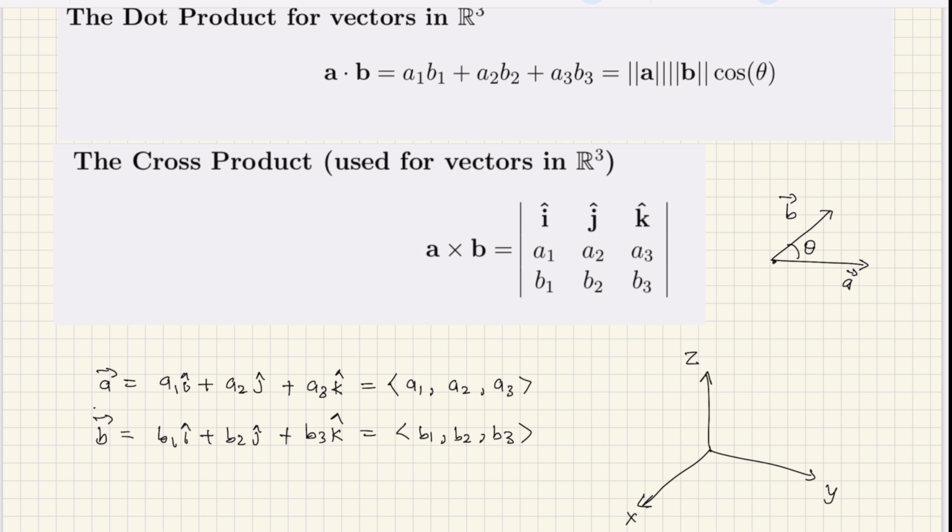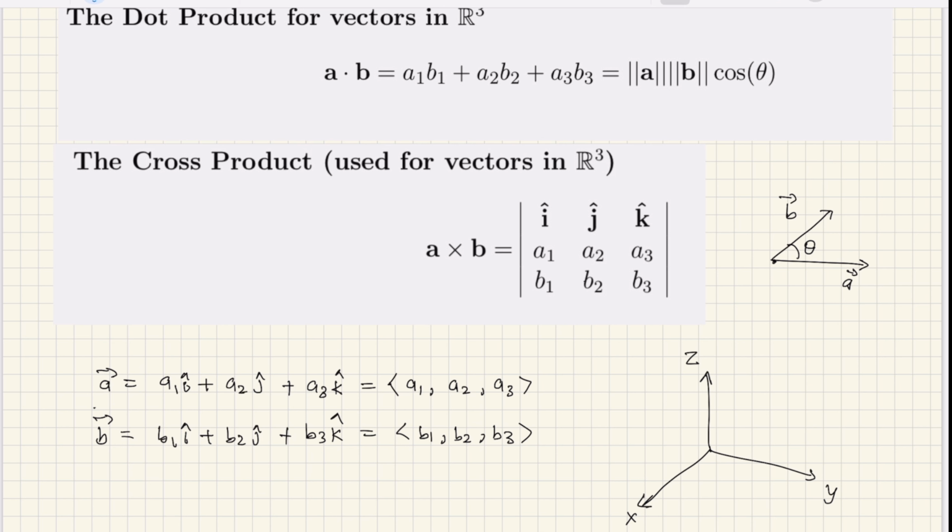There are a couple of ways we can calculate the dot product. The first way is to multiply a1 and b1, then add a2 times b2, then add a3 times b3. Or you could take the magnitude of A, multiply by the magnitude of B, then multiply by the cosine of the angle between the two vectors. So that's the idea behind the dot product.